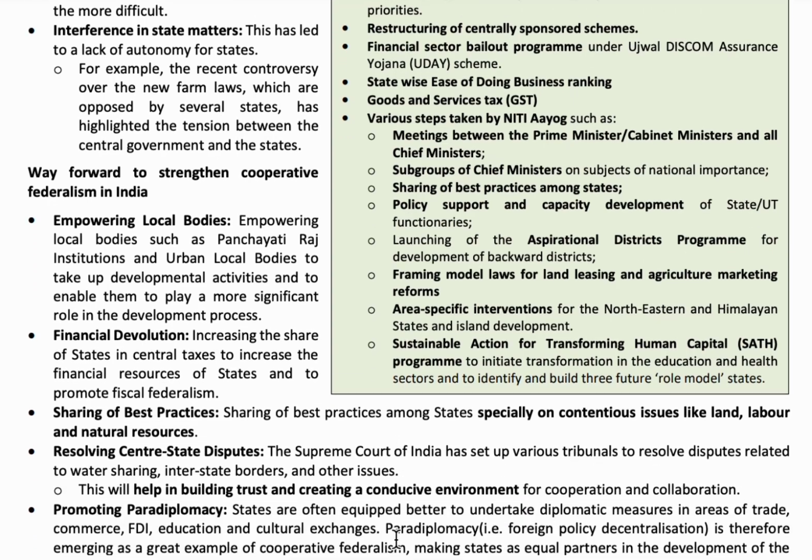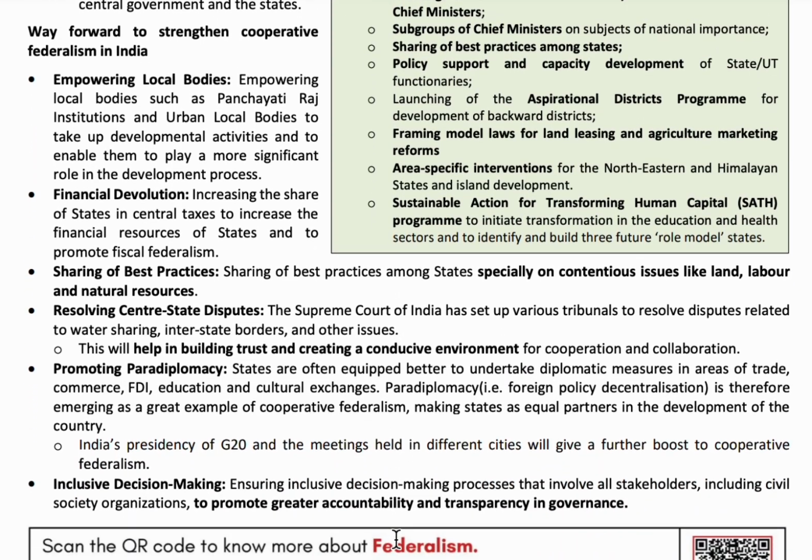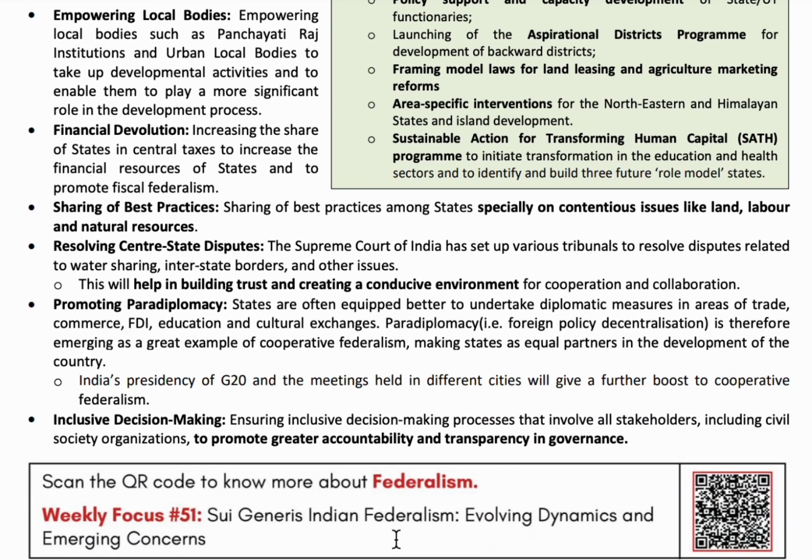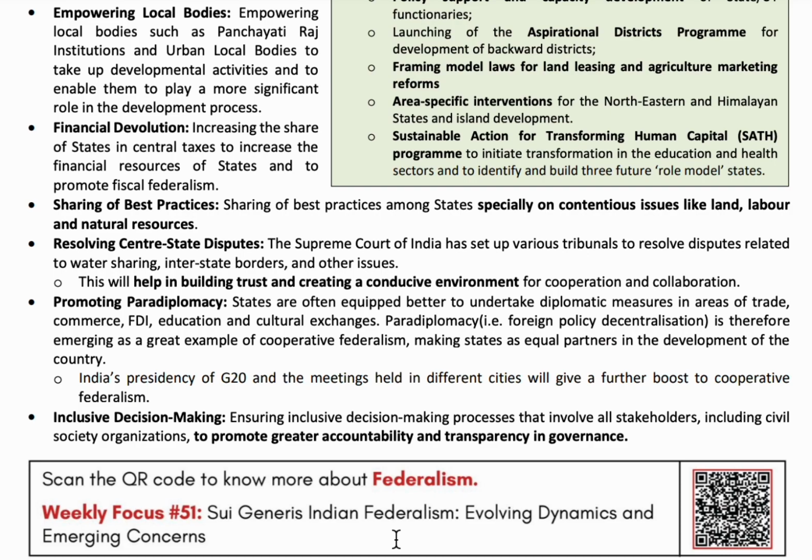Apart from these initiatives, some more initiatives, like empowering local bodies such as Panchayati Raj institutions and urban local bodies for the development process at the local level and providing sufficient financial resources for them, can lead to efficient cooperative federalism.